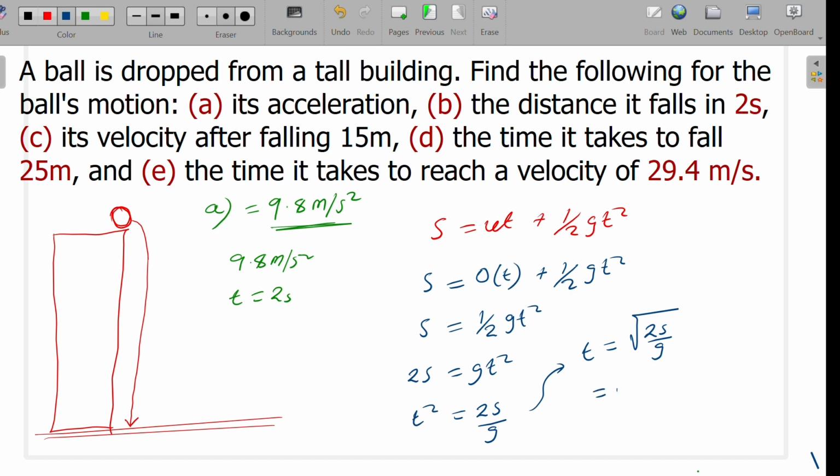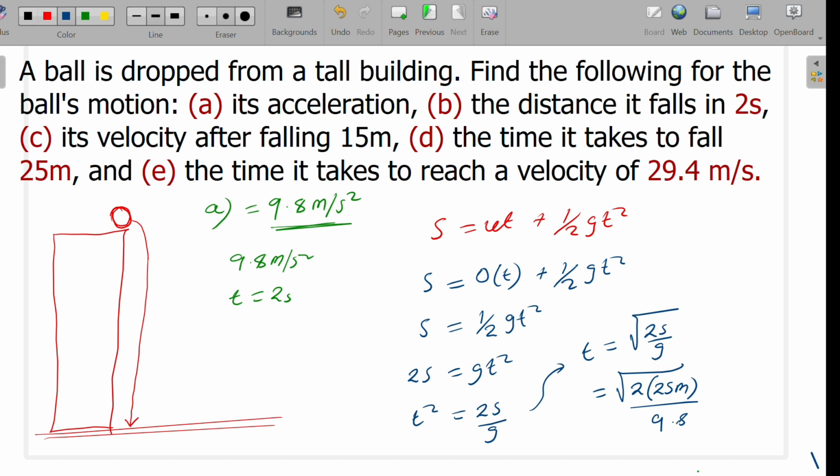So all we have to do now is replace. This will be equal to the square root of 2 multiplied by the distance we're given, which is 25 meters, and then this will be divided by acceleration due to gravity, which is 9.8 in this case.